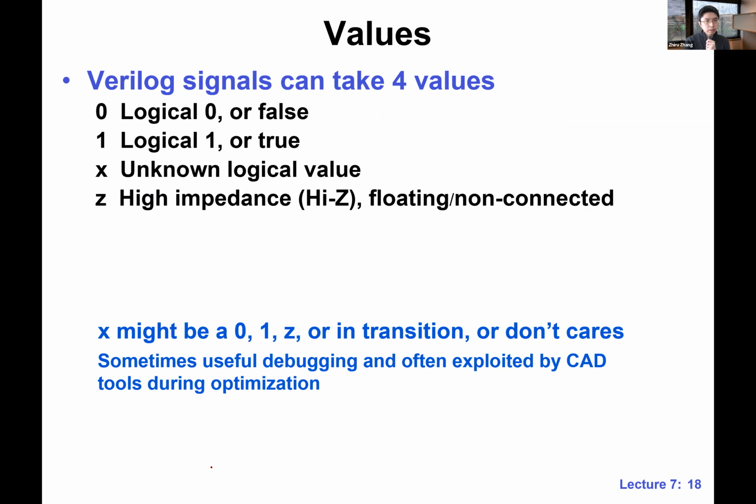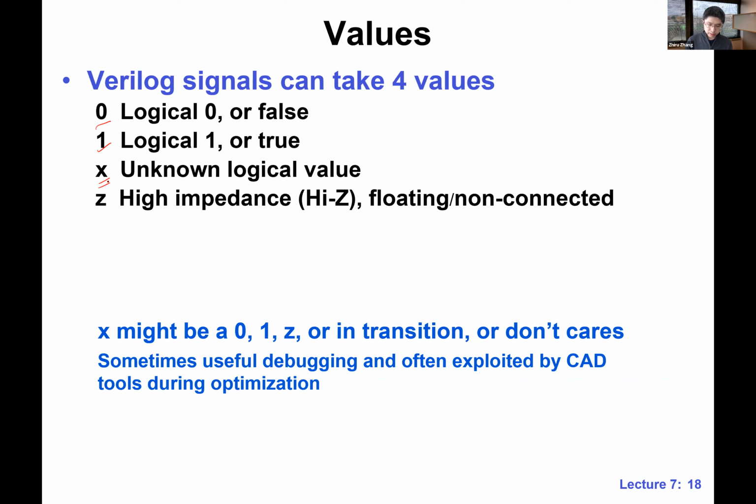First, let's talk about some of the basic concepts. In Verilog, you have to be able to specify binary values first. Each signal can actually take 4 values, interestingly. Not just 0 and 1, you can also write X. In this lecture, and in this class, let's just treat it as don't care, or something unknown.